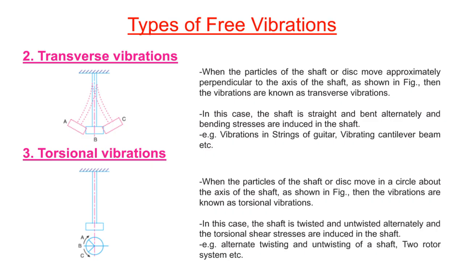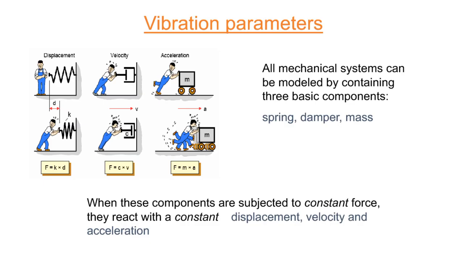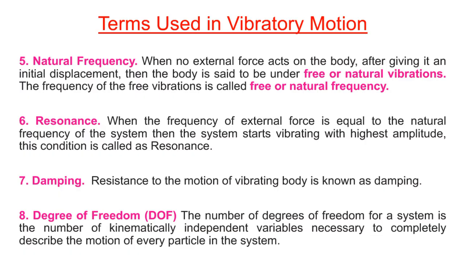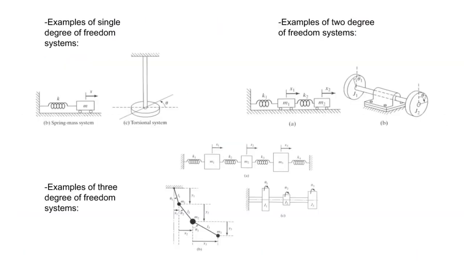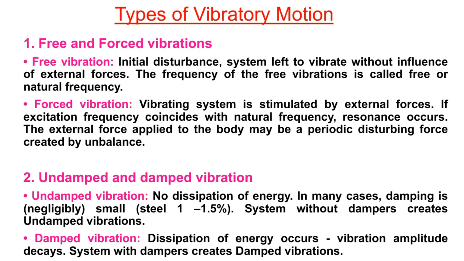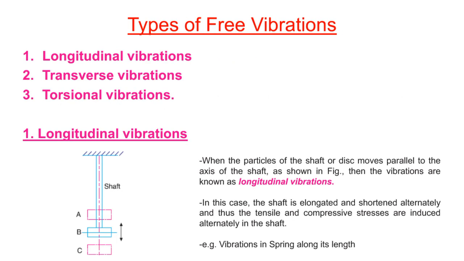Now, this much only for today's lecture. In today's lecture, we have studied some basics of vibration and basic terms in vibration. Then we studied the different types of vibrations: free, forced, undamped, damped, deterministic and random vibrations.